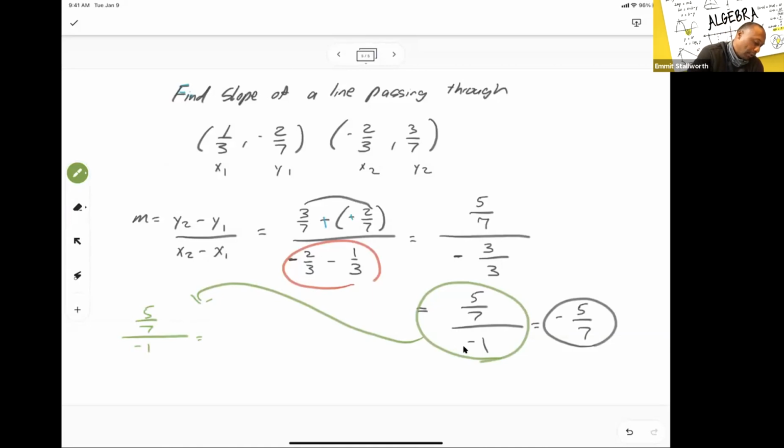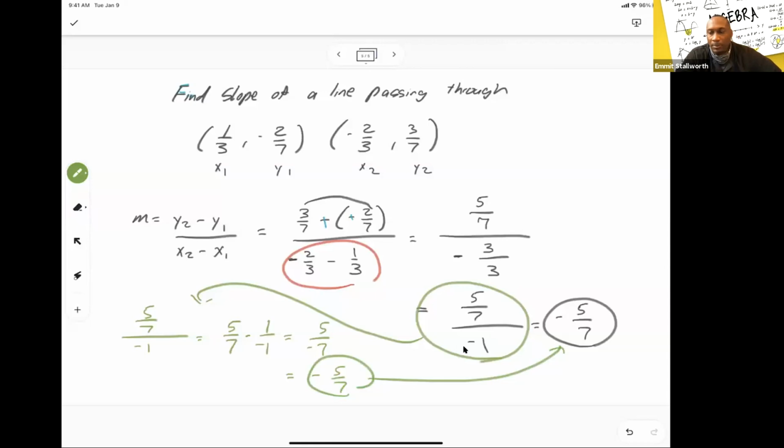So we're going to have 5/7 times the reciprocal of -1, which is 1/-1, which is equal to 5/-7, which is equal to -5/7. And that's how we got that. Okay. That's what we're looking at.